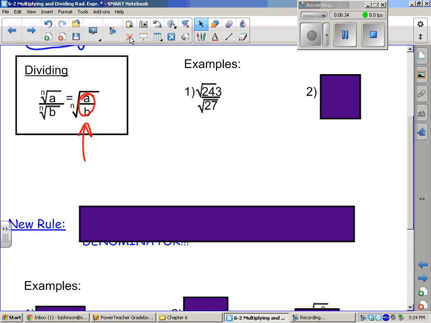So right now I have square root of 243 and square root of 27. Neither of those are perfect squares, but what I'm going to do is throw them underneath the same radical and make it 243 over 27 and just focus on the fraction. Let's see. 243 divided by 27 is 9, so we get 9 over 1.